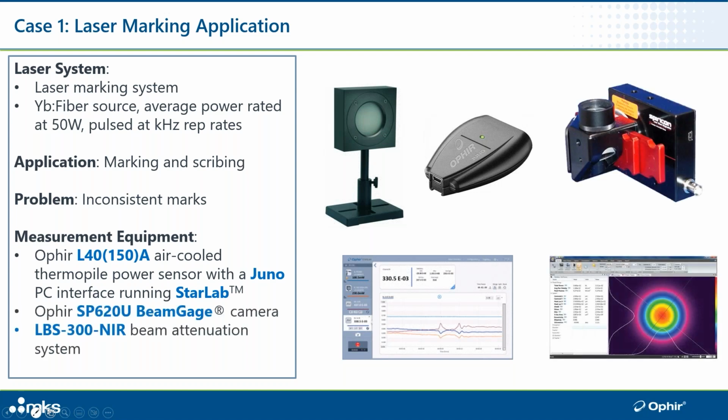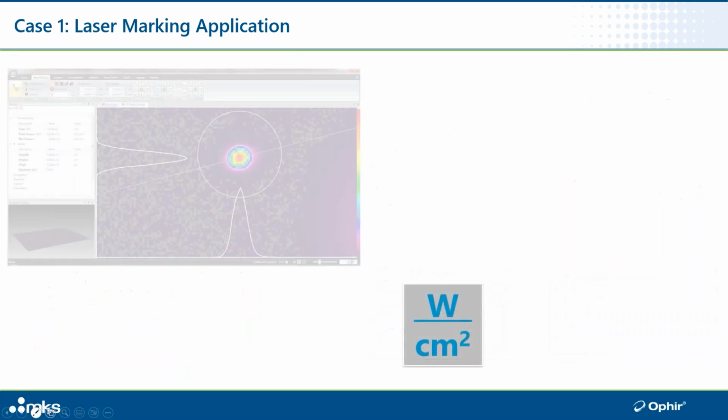This is kind of an older application, but it was the SP620U, a silicon CCD camera, suitable for the 1 micron wavelength. You see the beam attenuation system that's sitting on the front end of the camera that reduces the laser power before it reaches the imager, and then it's running the BeamGage software. So we collected all this data.